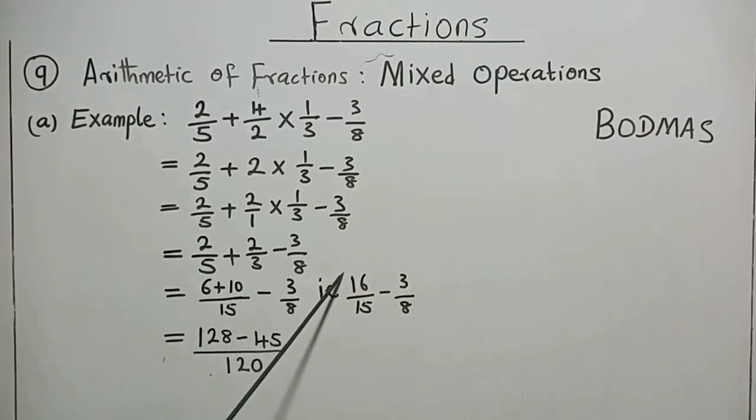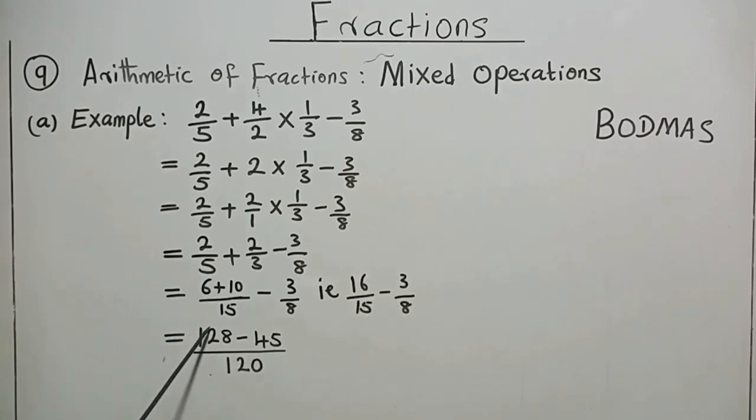That is this times this. I'm trying to carry out subtraction between these 2 fractions. With that formula you have learned earlier, you will notice that we multiply while adding or subtracting. So that is why I'm saying 16 times this 8 is 128 minus 15 times 3 is 45. Then over 15 times 8 is 120.